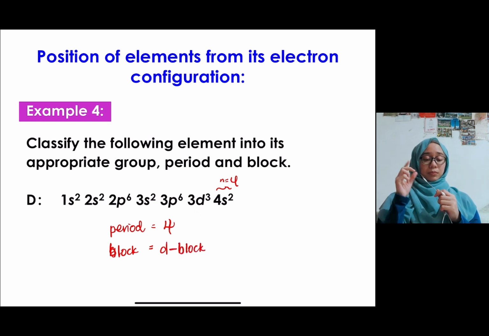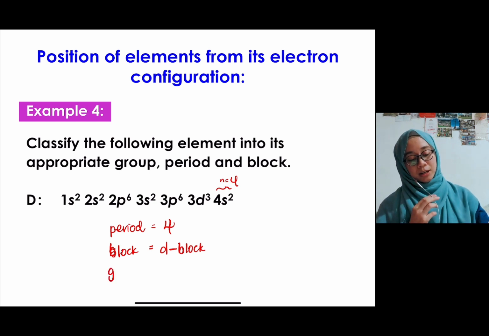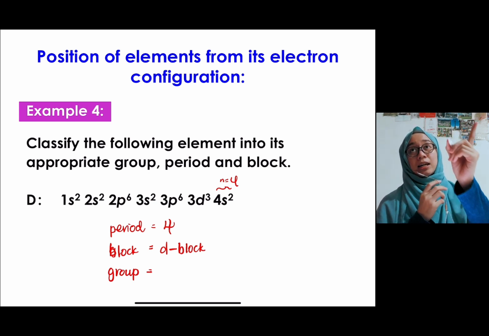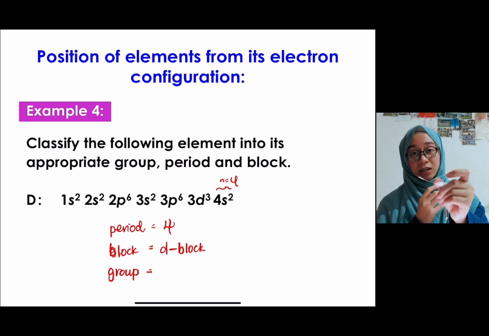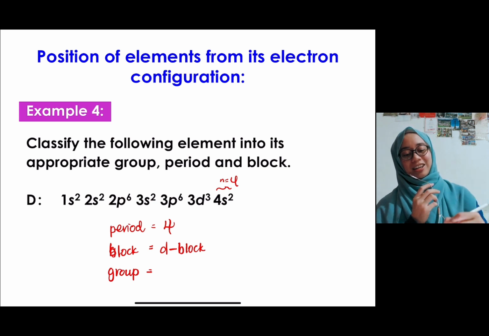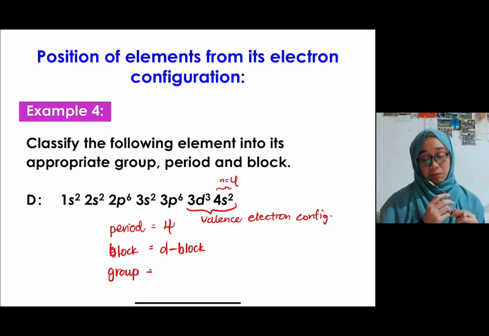And then kita akan tengok kepada group dia. In the case of D block elements, bear in mind the valence electron configuration adalah n-1 d, ns2.